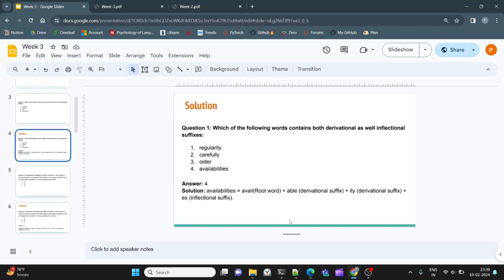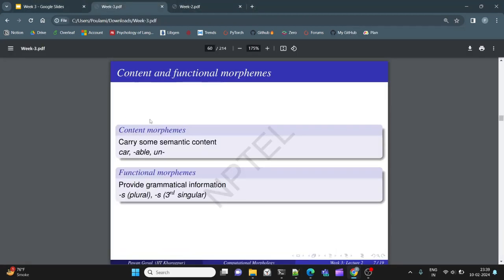Available means the ability of being available, the ability of availing or using something. So here the suffix able has some semantic content associated with it. Now, un again carries the meaning of being opposite.